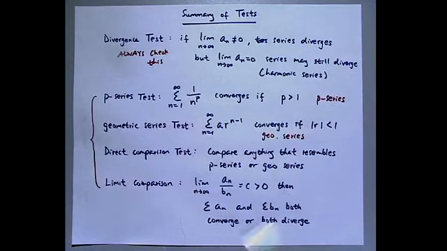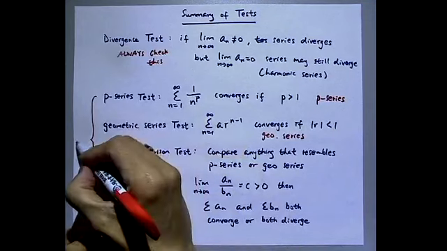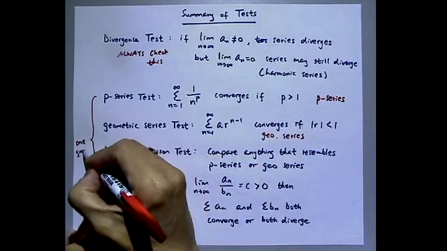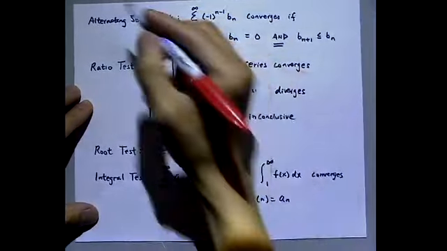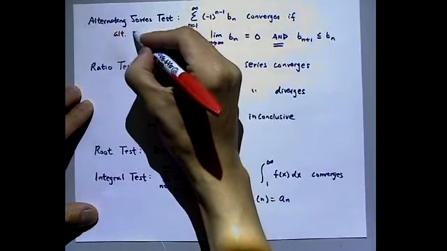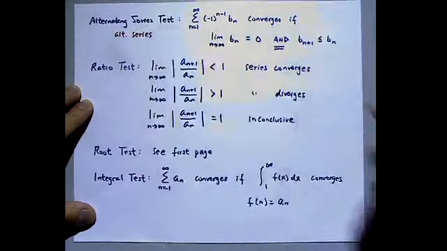So these four, consider them as one big group of tests. Alternating, again, that's pretty clear. We use it when we have alternating series.